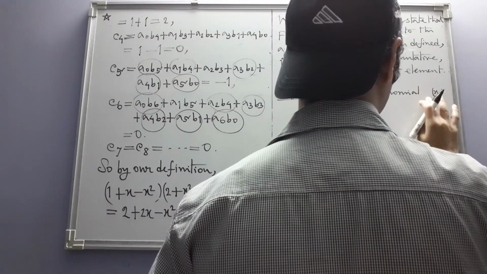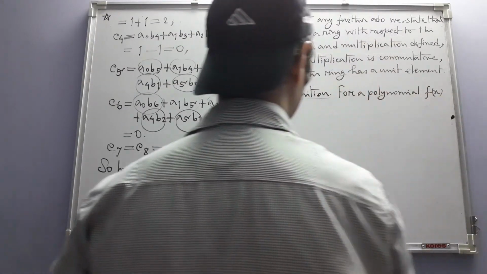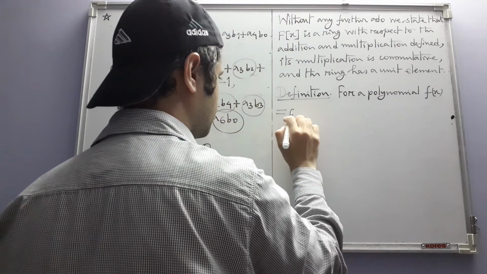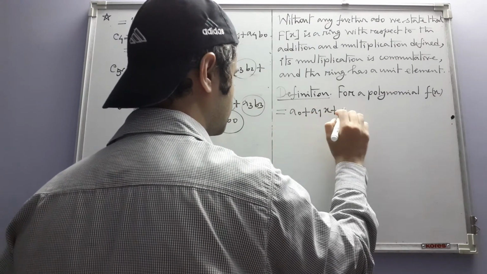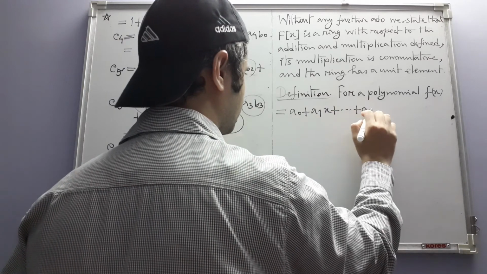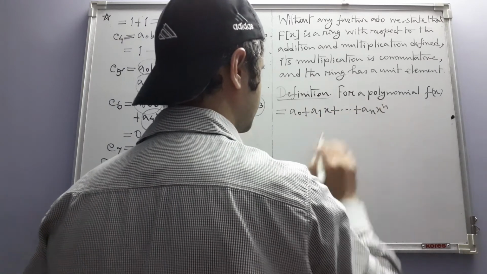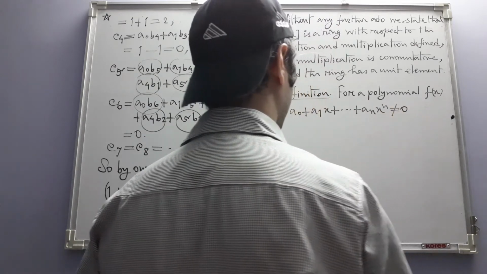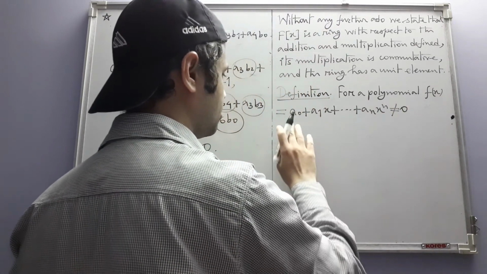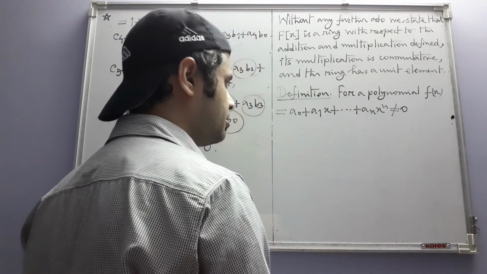We can take p(x), but let's just take f(x). Let's take what they have taken: a0 plus a1x plus up to an x to the power n, it's given to be a non-zero polynomial, that is all the coefficients are not 0.